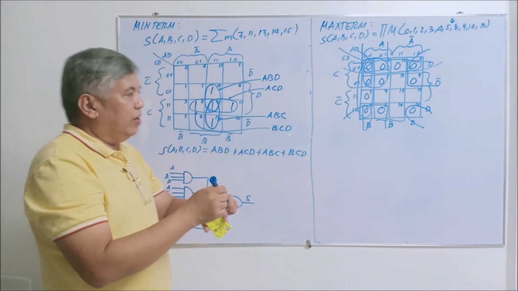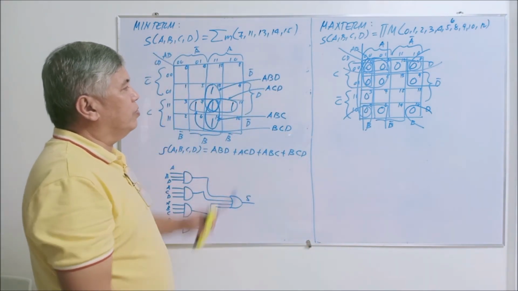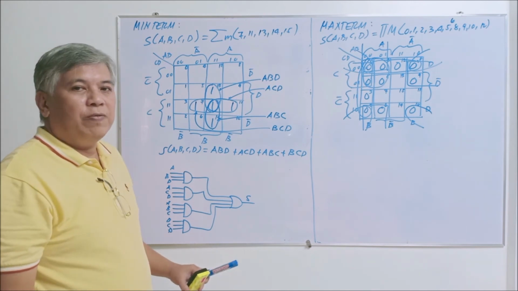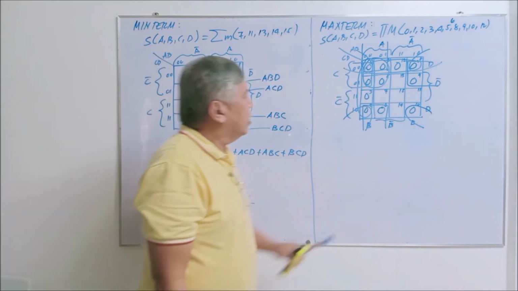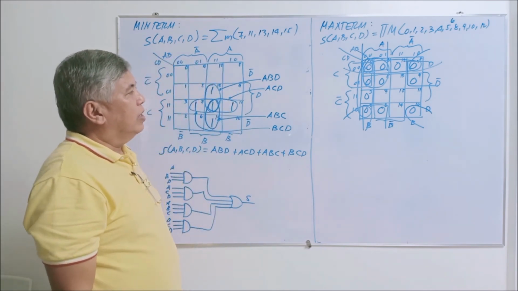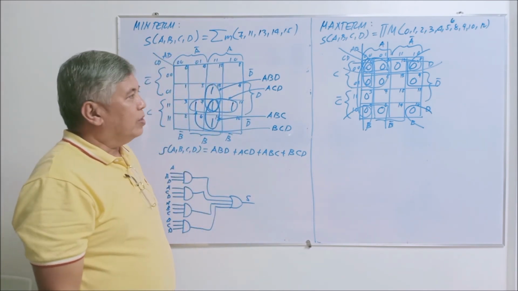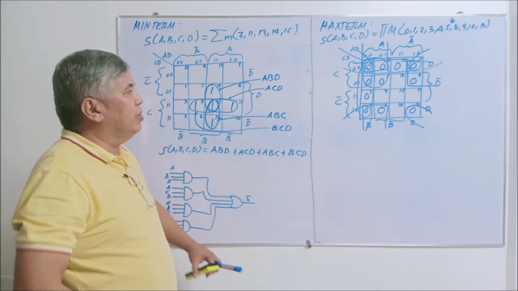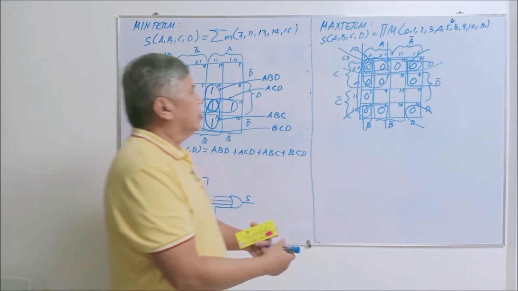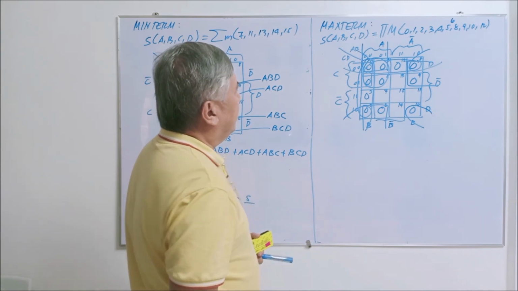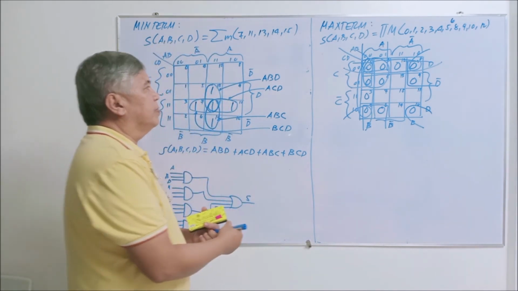I hope that you can follow so that you will be able to determine the simplified logical circuit. So everything here is already grouped. All cells are already grouped, so no need to group the cells again. So let's find the logical equation.